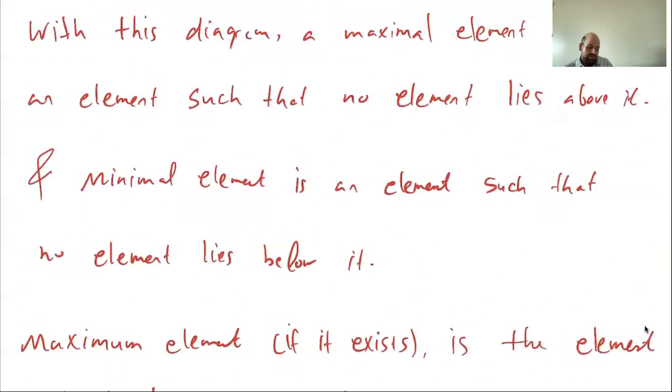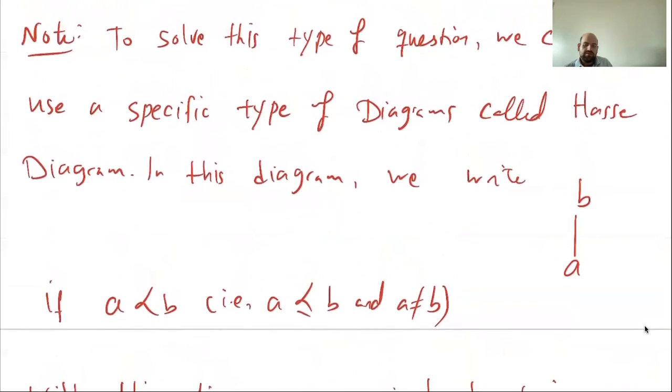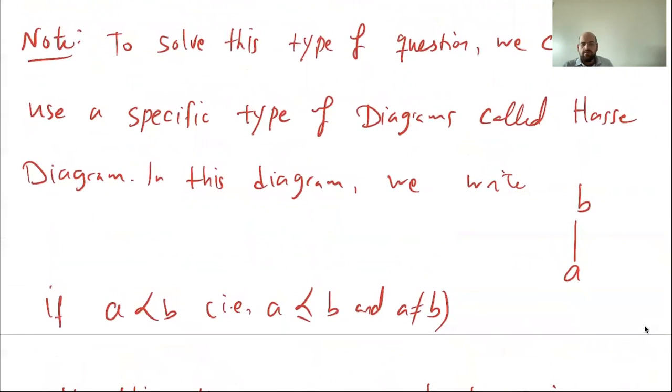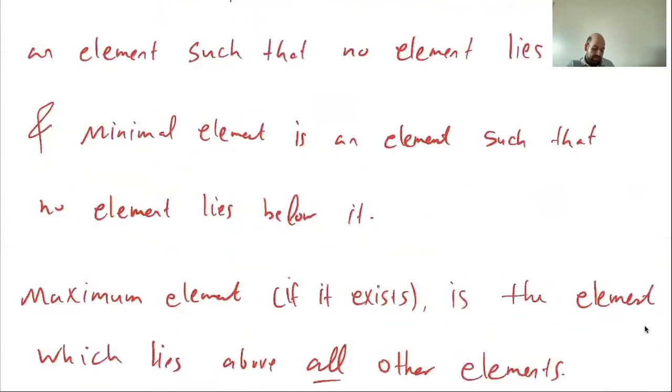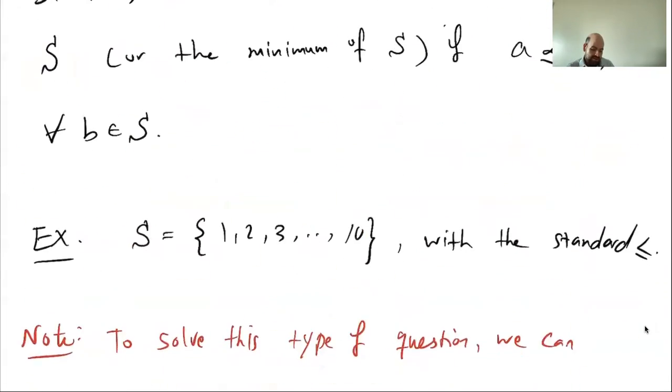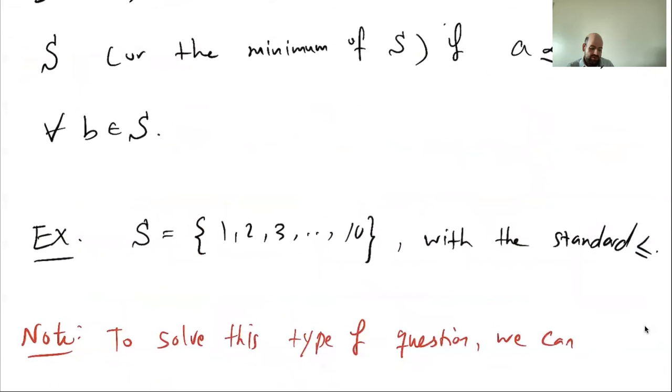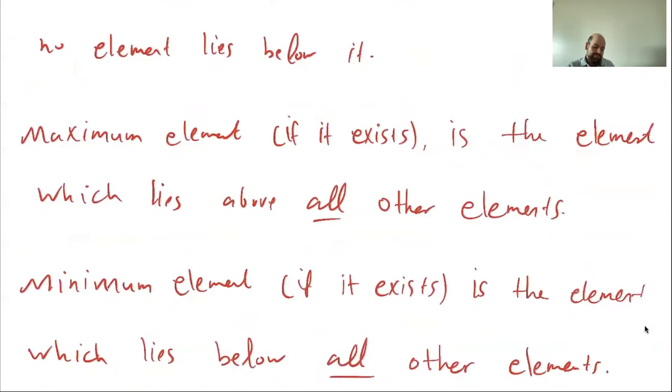Okay, so with this type of diagram, it will be easy to recognize which one is maximal or minimal, or which one is maximum, minimum. Let me give you an example. We start with a very simple one. S is 1 to 10, and the relation is the standard less than or equal.